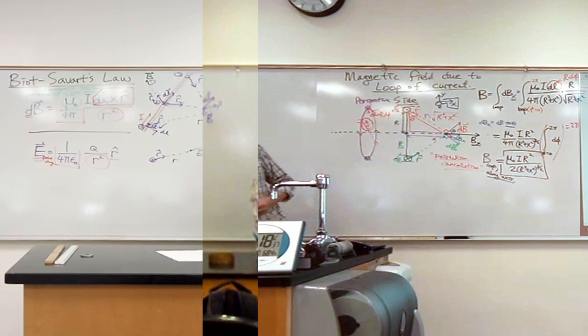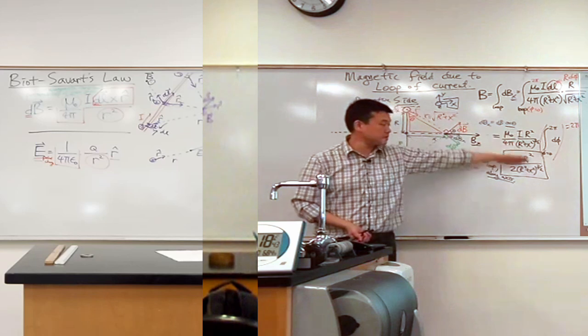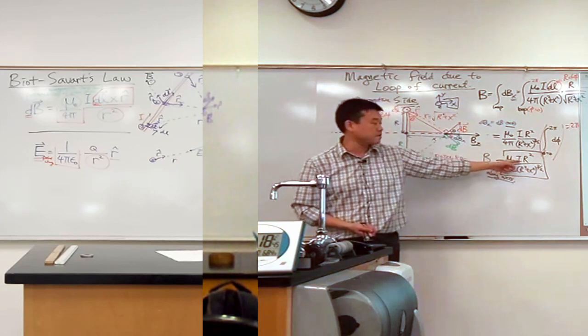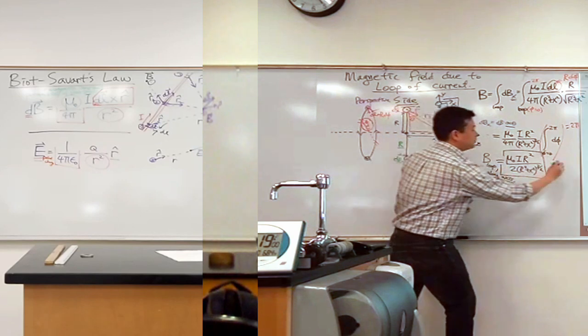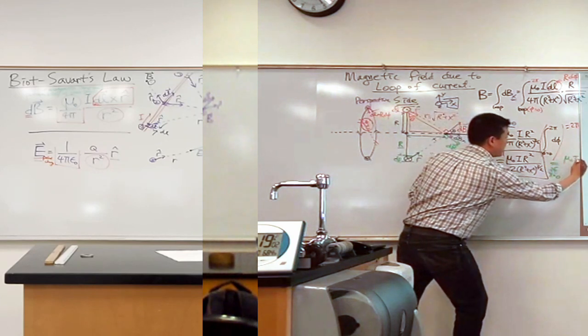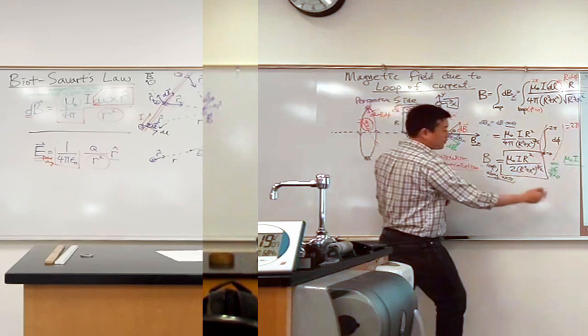Some features to note. When x is equal to 0, this becomes a simple expression involving just a constant and r. If x is equal to 0, then this simplifies down to mu naught I over 2r, since r squared gets canceled out by r to the 3rd power.